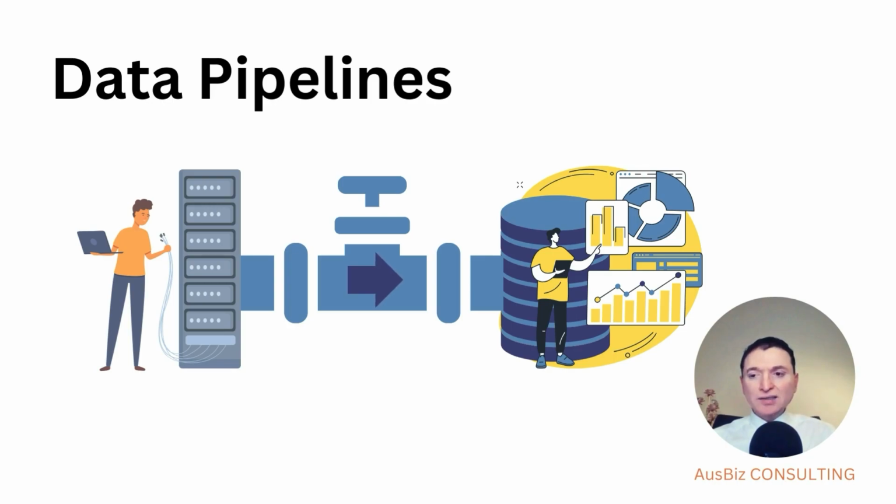Data pipelines facilitate the integration of these disparate systems, allowing organizations to harness a complete view of their data landscape. This integration is key to deriving actionable insights, improving operational efficiency, and driving innovation.